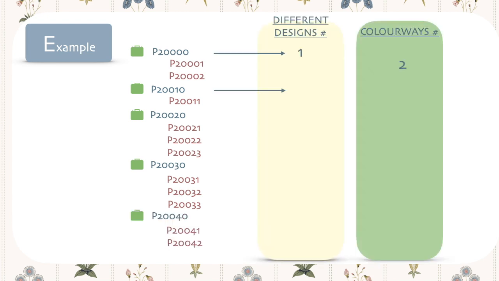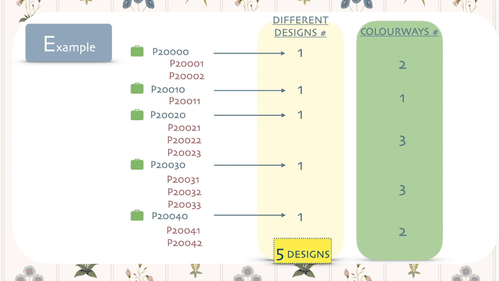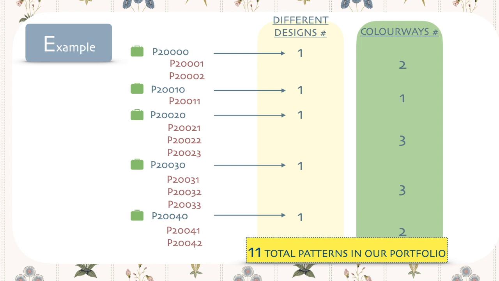The following could be an example of the numerical SKU sequence for main folders and subfolders that represent the colorways that we have created for some designs. With this system, at a quick glance, you can see how many different designs and total colorways you have got for each pattern, right? So in this example, we have 5 new designs.